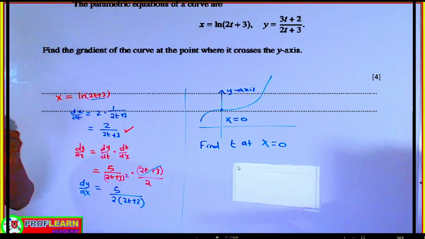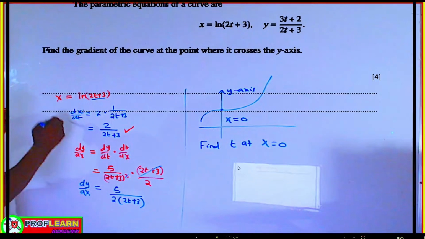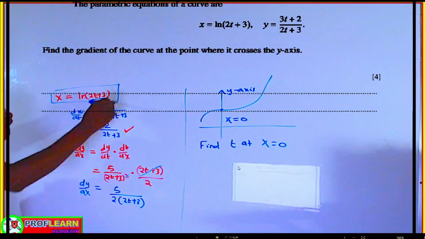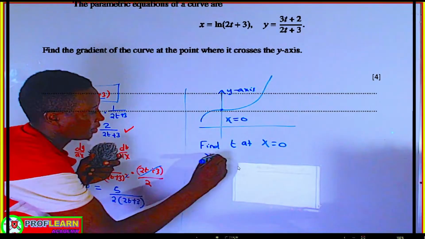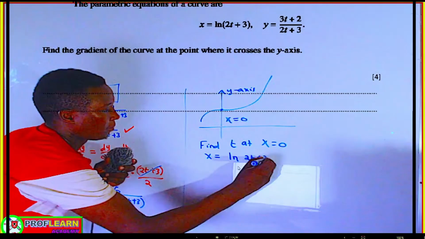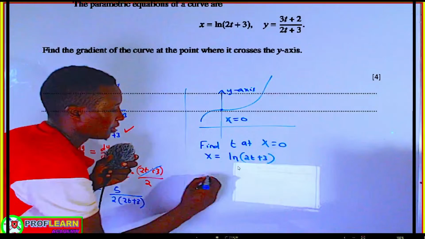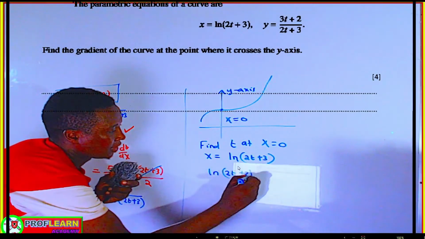So let us look at the parametric equation we were given for x. x is equal to ln of 2t plus 3, but at x equals 0, we have ln of 2t plus 3 equals 0.